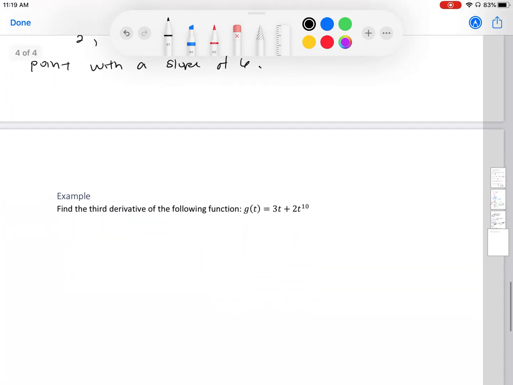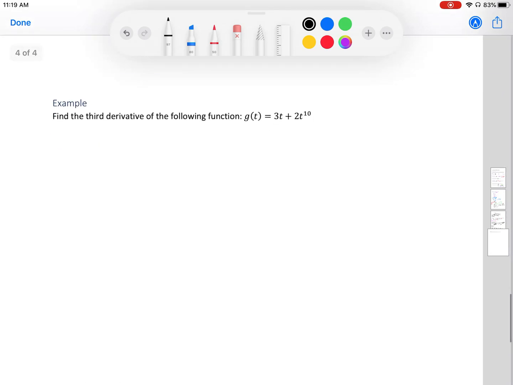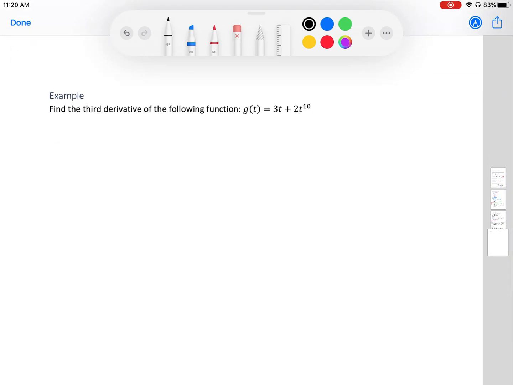One more. Find the third derivative of the following function. Okay, so that means I need to compute first. To find the third derivative, I need to first find g prime of t, the first derivative, the second derivative, until I get my third derivative. Okay, so let's go ahead and calculate that first derivative.